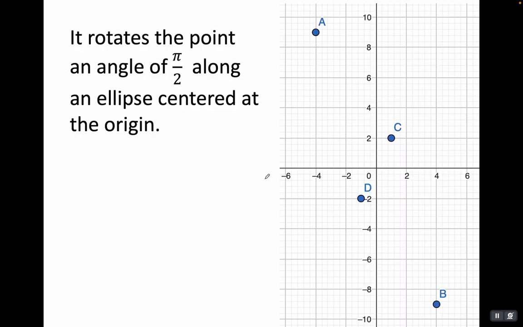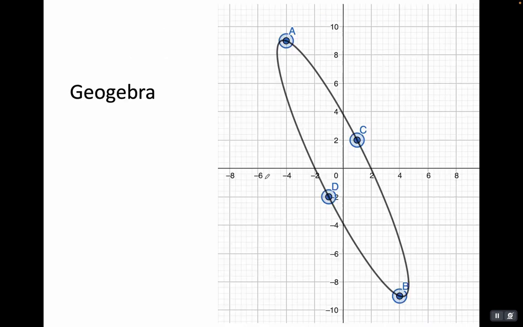It rotates the point by an angle of pi over 2 along an ellipse centered at the origin. If you don't think this is an ellipse, then use some program like GeoGebra to plot the points and generate the ellipse. It's an ellipse, so it's not a circle. It's rotating this point along an ellipse, by an angle of pi over 2 each time. That's why when you do it 4 times, you're back to where you started.